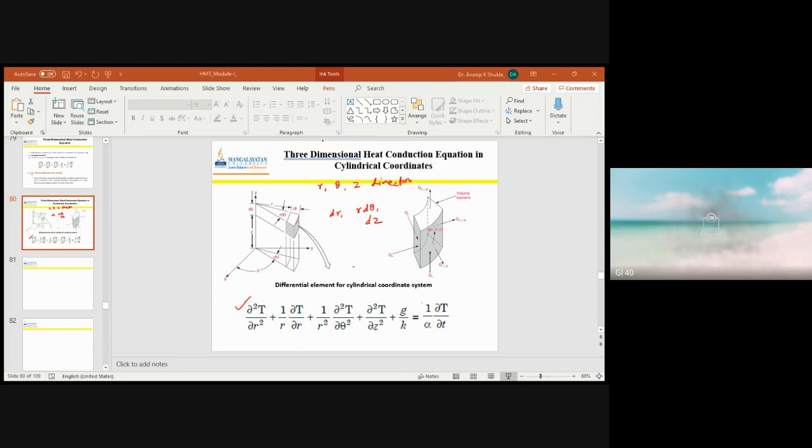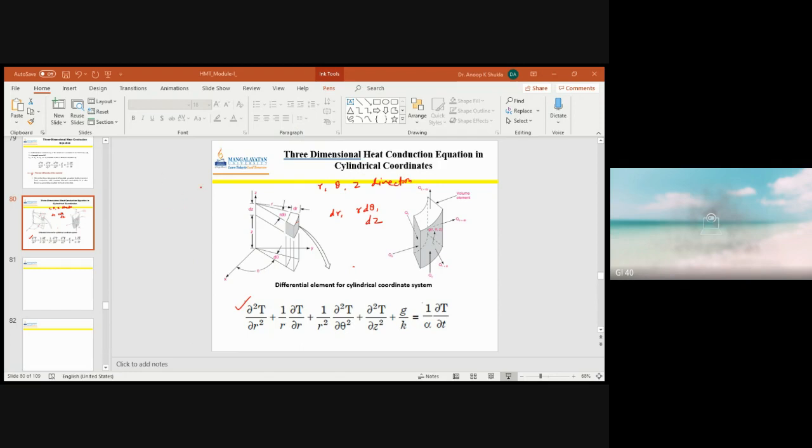There will be three directions, r, theta, and phi, and the sides of the element become dr, r d theta, and r sine theta d phi. These are the sides of the spherical element. So this is the r sine theta d phi, this one is r d theta, and this is the dr.